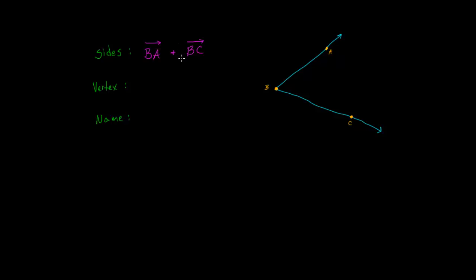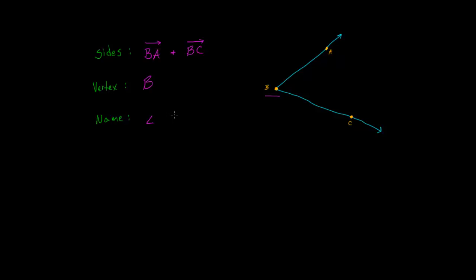Now, a vertex is just a point, and that's the endpoint that the two rays share, which we're looking at right here. And if we're just going to name a point, we use the capital letter of that point, which is B. Now, when we're asked to name an angle, we have this little angle symbol right here, and we're going to use all 3 points in most cases.